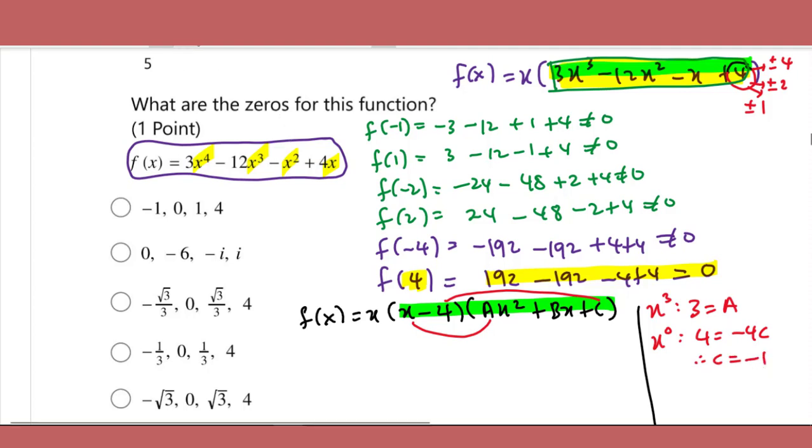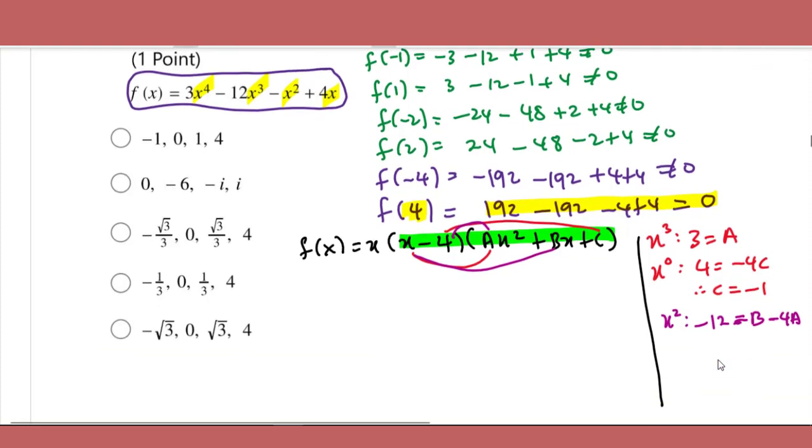To find b, compare x squared: here negative 12, produced by b minus 4a. With a equal to 3, b minus 12 equals negative 12, therefore b equals 0.